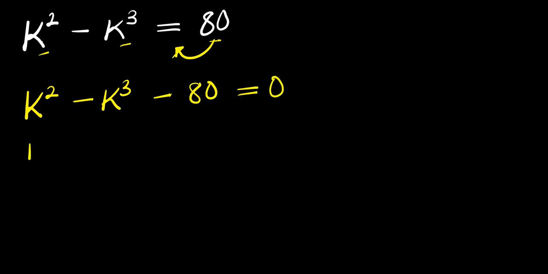So from here, I have k power 2 minus k power 3 minus this 80. I can split it into two parts, and each of those two parts must be a perfect square and also a cubic number.